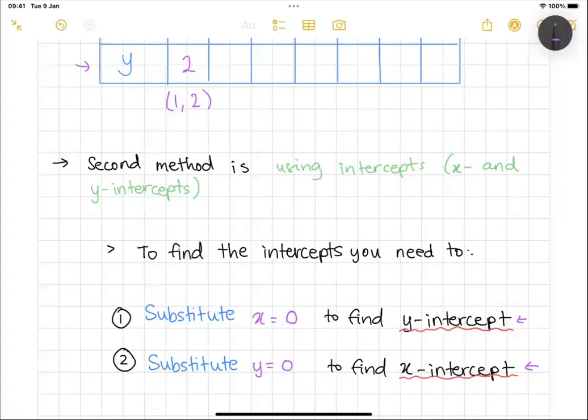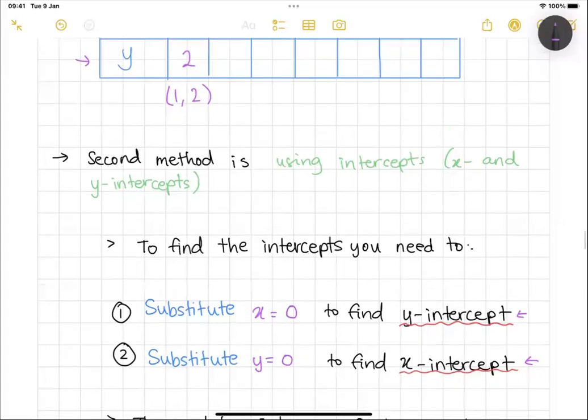What this will look like is like so. My y-intercept as a coordinate would look like the following. If x equals 0, then my y needs to be any other number. So it should look something like this. I'm pretty sure you can tell what my x-intercept would look like.